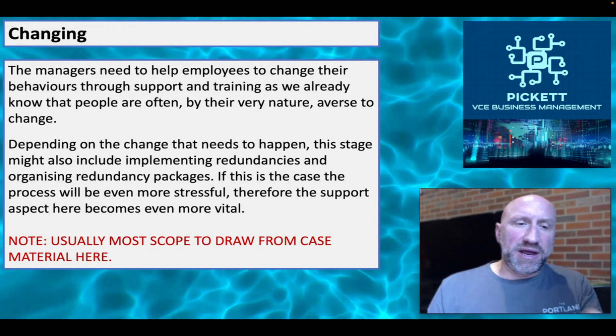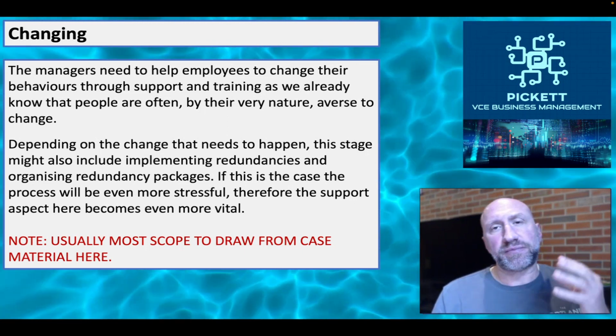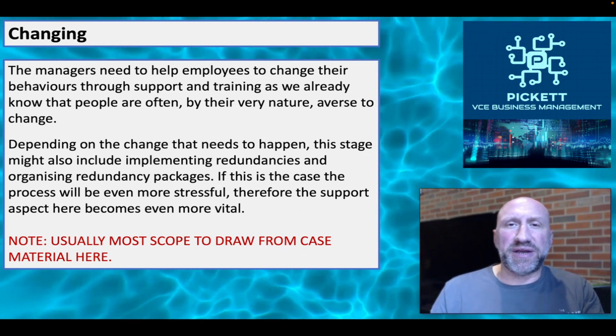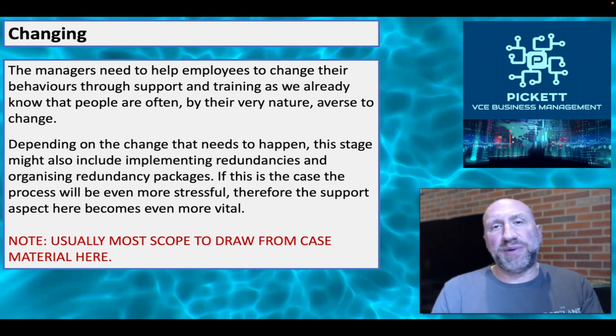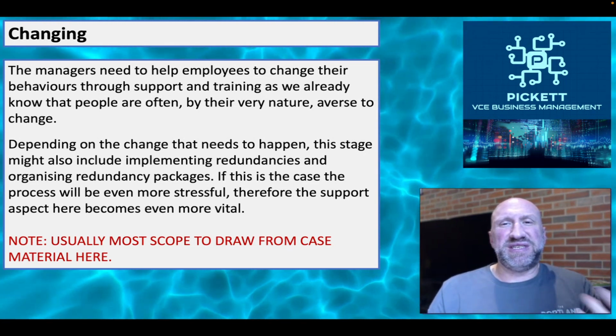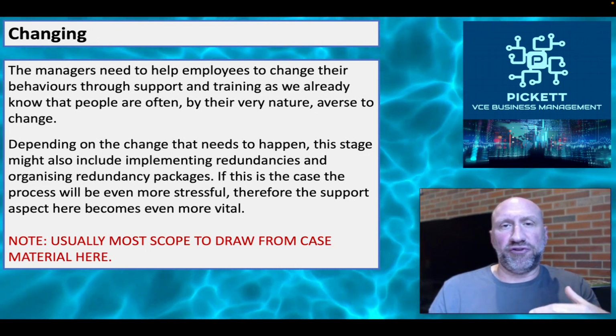Now, I've put a red note there, usually most scope to draw from case material here. When you're answering questions on this process and applying it to a case, generally speaking, the first step and the third step, your responses tend to be fairly generic, and there's often not a huge amount to draw from on the case.